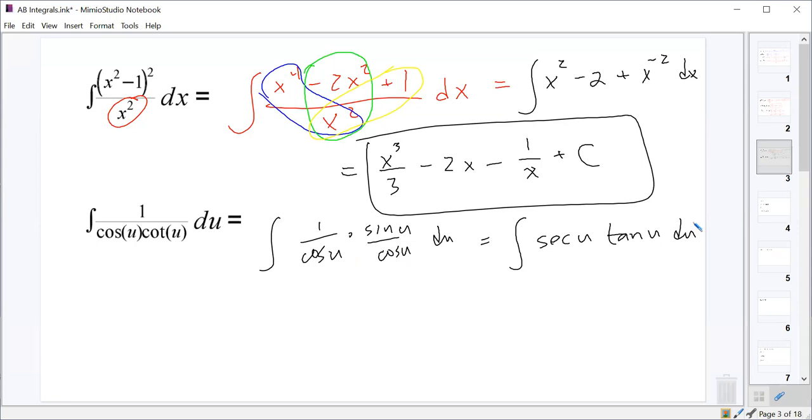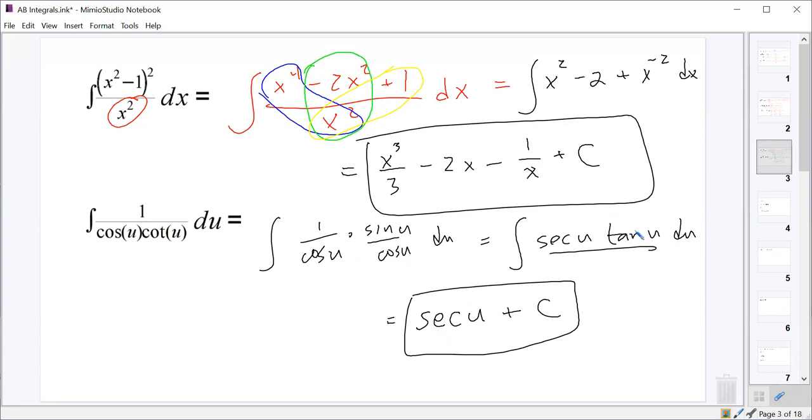Well, it should just be, from your sheet that I just sent to you, the integral of secant u tangent u du is secant u plus a constant. All right. So recognize that the derivative of secant is secant tangent, and if you could get this to look like secant tangent, then you're in good shape. Everybody good there?